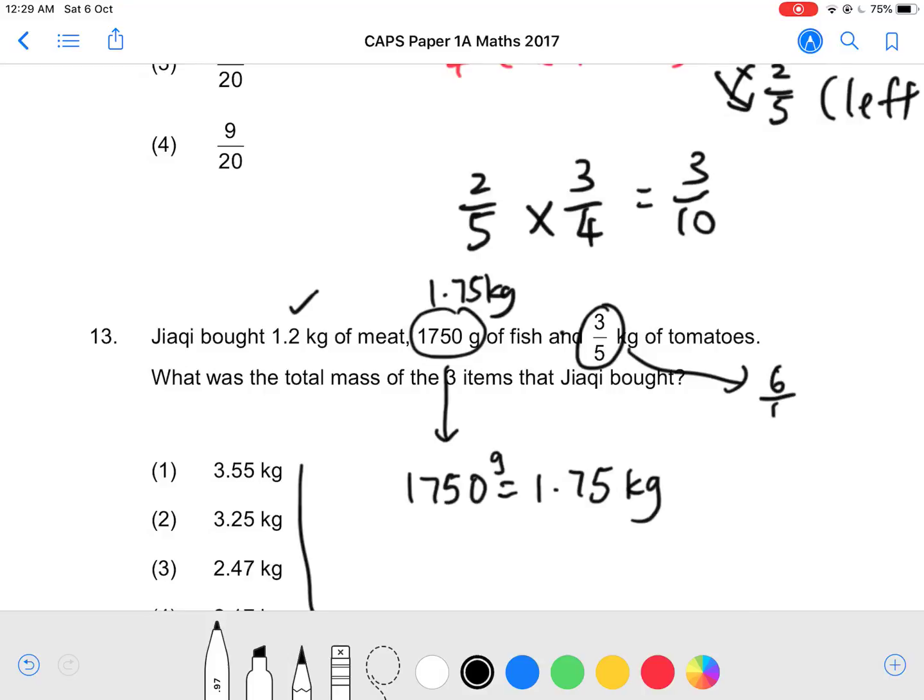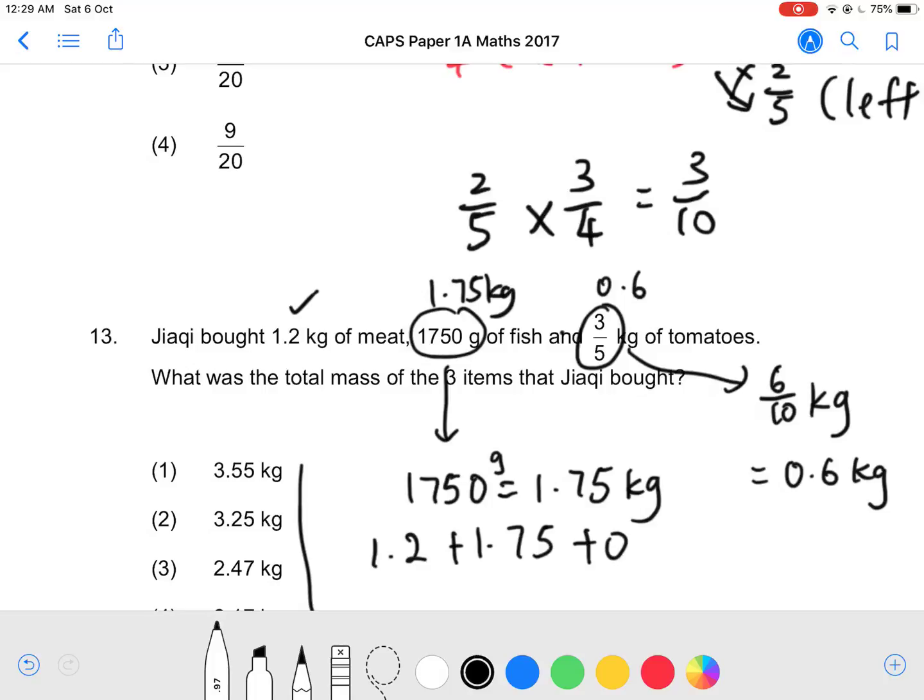It's the same as 6/10 kg, and 6/10 is the same as 0.6 kg. Just changing the fraction into a decimal. So the total will be 1.2 plus 1.75 plus 0.6, all in decimal. The answer is 3.55.